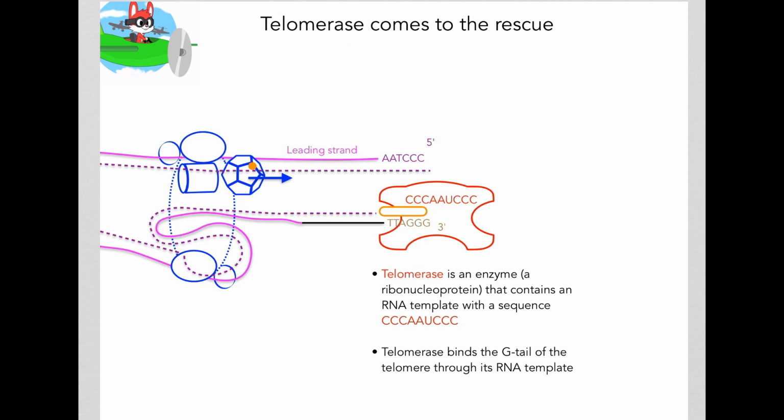So the telomerase will bind the G tail of the telomere through its RNA template. So you can see the C here binds with a G, this C here binds with a G, here's another C binding to a G. So this way the enzyme will come and bind to this area.